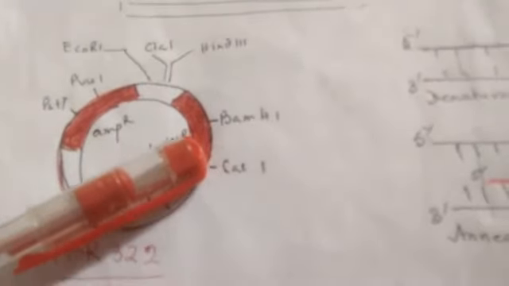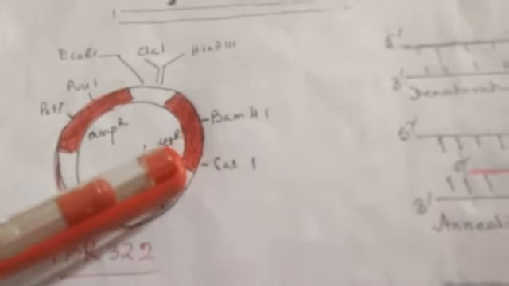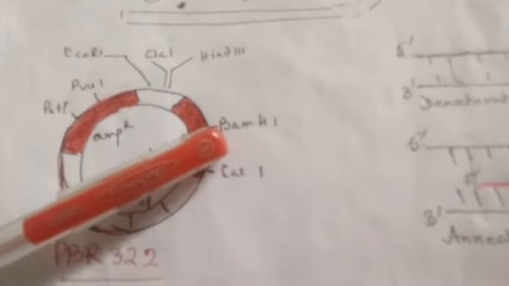Likewise tetracycline also. The bacteria which is having this plasmid can easily grow on tetracycline because it has the tetracycline resistance gene. But if we cut our desired DNA by BamH1, so we will cut this plasmid pBR322 by BamH1 to introduce our desired DNA.